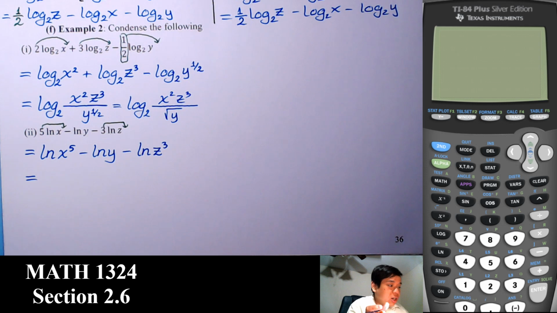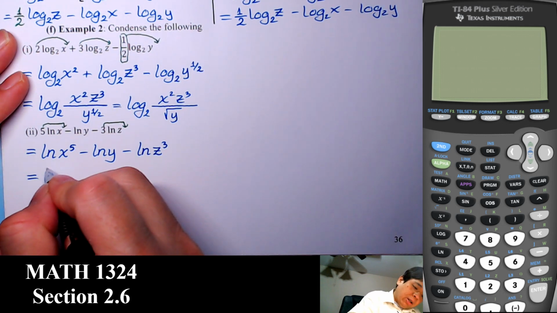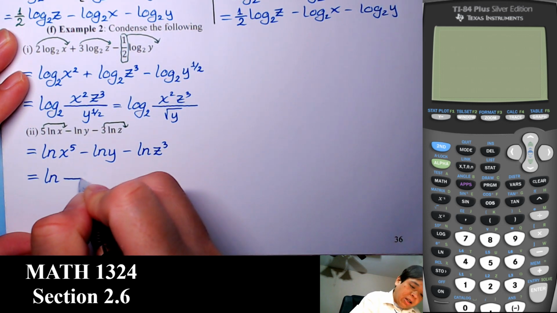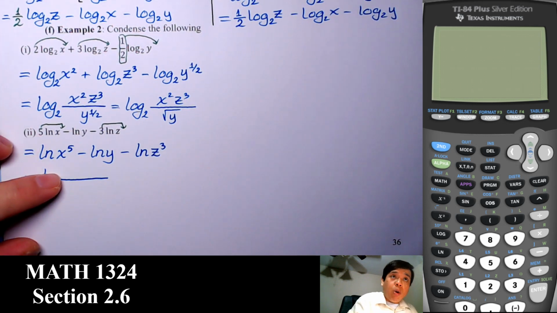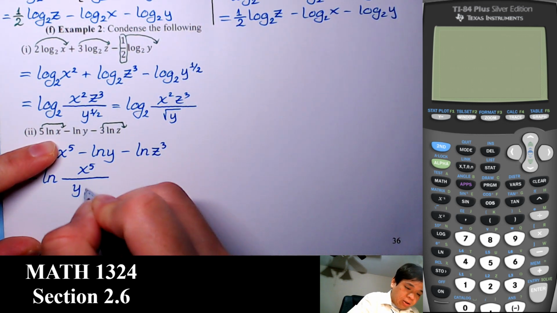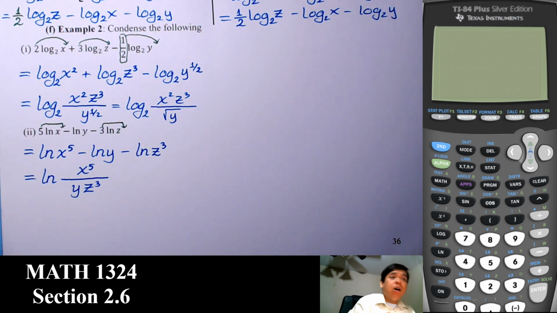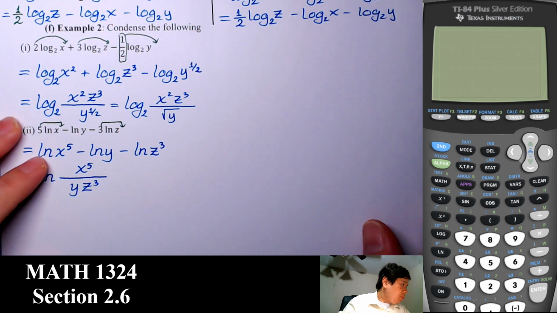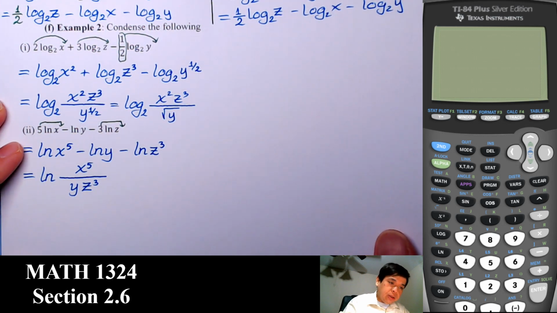Take all the coefficient inside, and now with that we can write that everything in one big log. Positive will stay on top, negative at the bottom. Right, so that is called condensing logarithm.